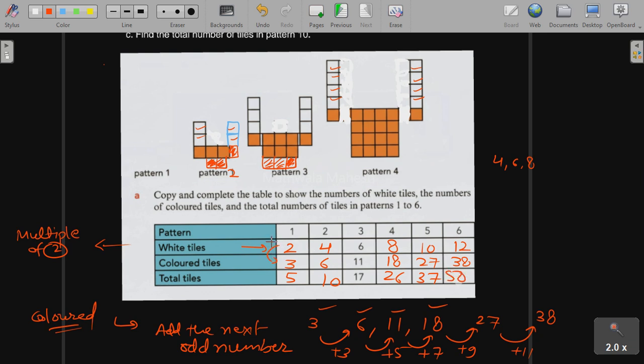We have to add these, 2 plus 3, 5, 4 plus 6, 10. Finally, this one. Okay.